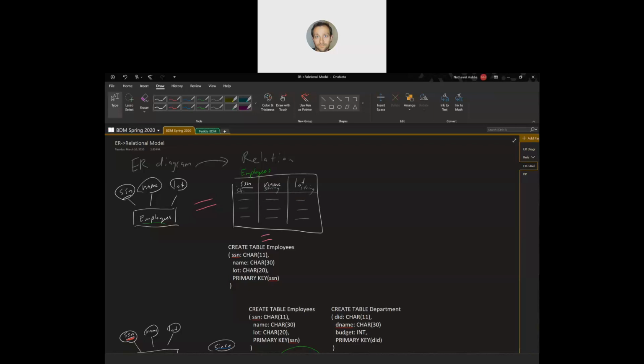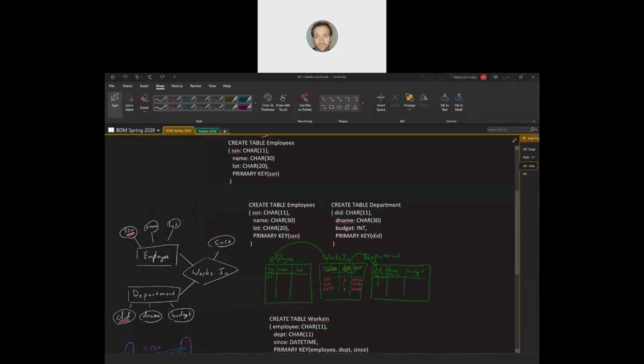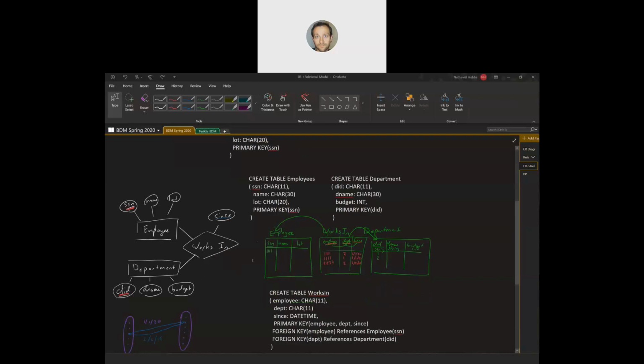Now, entities are very easy, very straightforward. You just create a table. Things get a little bit more complicated when you are working with how to encode relationships. So in this example, with an unconstrained participation, the way to capture this is to create a table for the relationship. Here I'm calling it the same thing, works in.